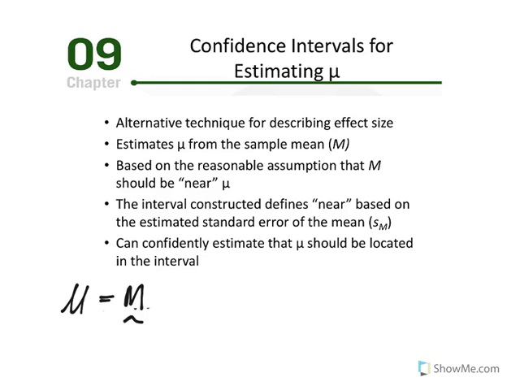So we're using this value to estimate what the true population mean would equal. So our equation is mu is equal to the sample mean plus or minus t multiplied by the standard error of the estimate. And now we kind of break this down. Again, this is our sample mean.